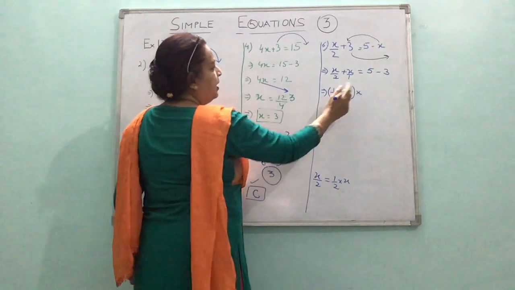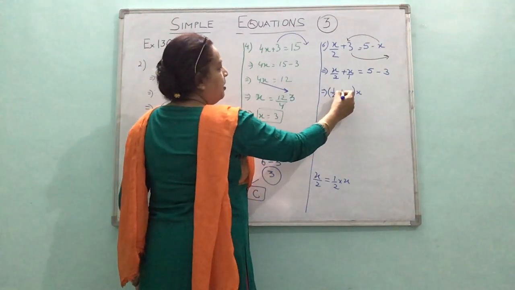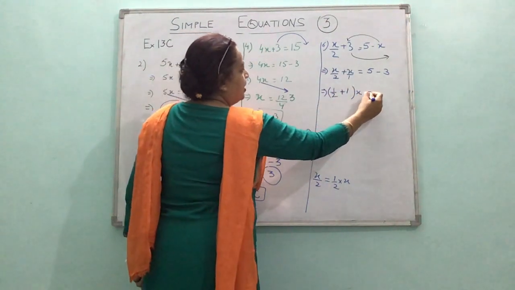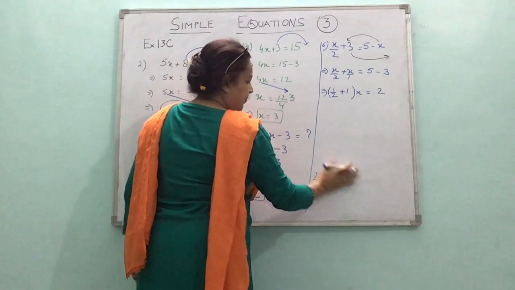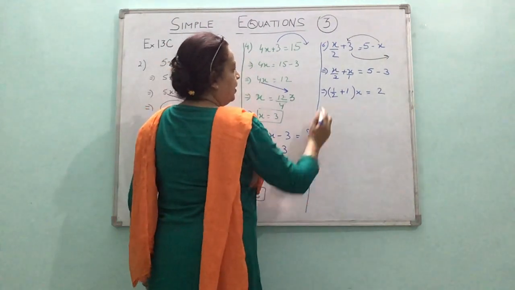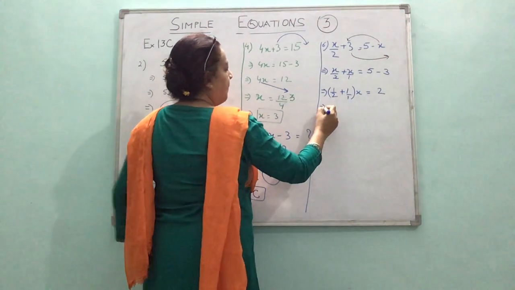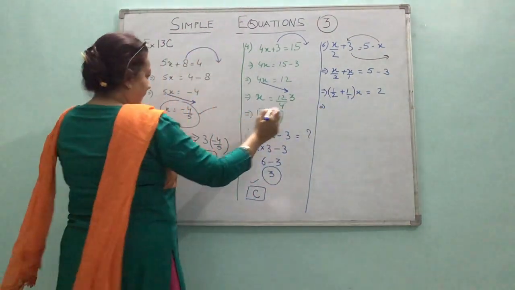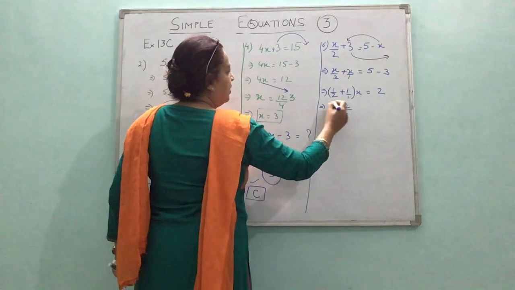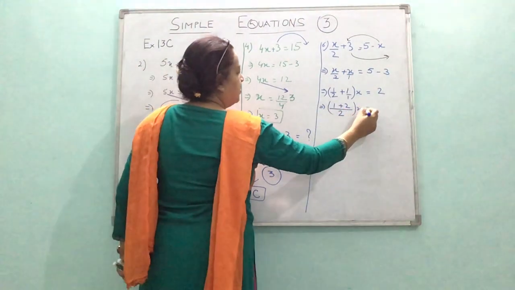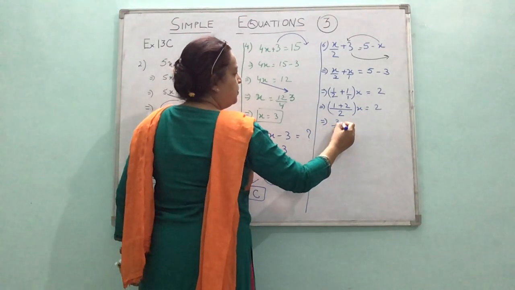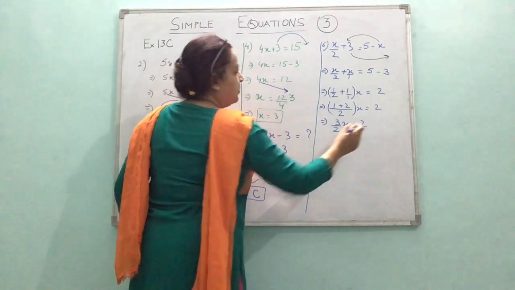So if I take out x here, it would be 1 by 2 plus 1, because 1x here, is equal to 2. Okay, so now take LCM. It is 2, is equal to 2. So that means what we get, 3 by 2x is equal to 2.